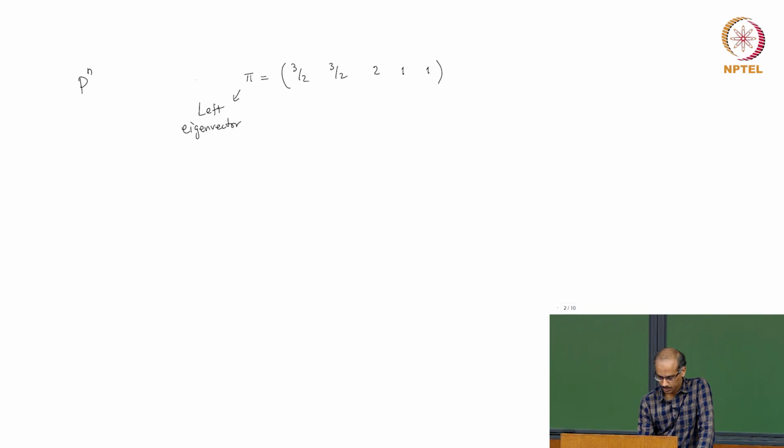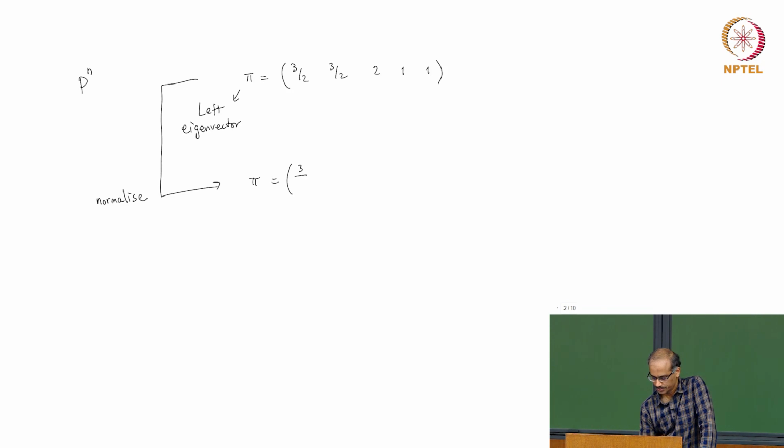If you normalize this, this pi would become 3 by 14, 1 by 7. Now, just to compare what we have, let me write out the degrees of the nodes.